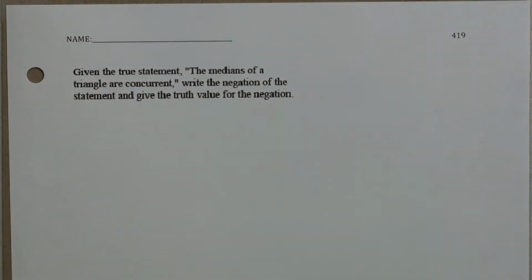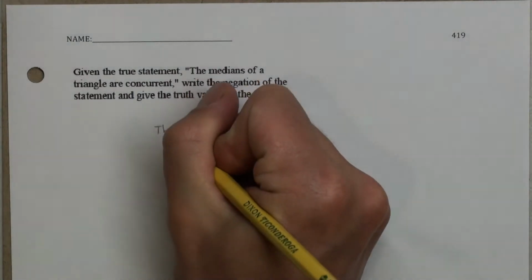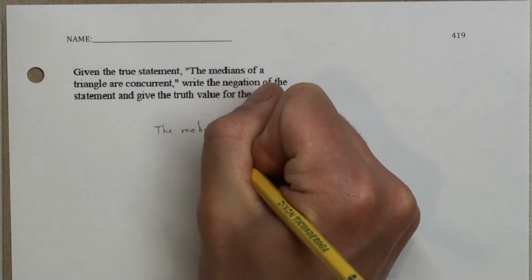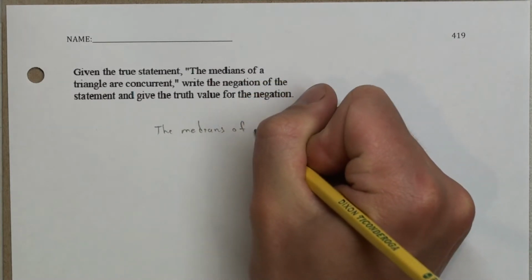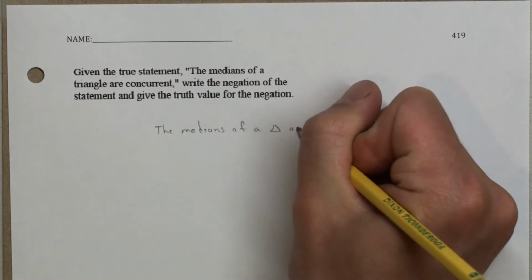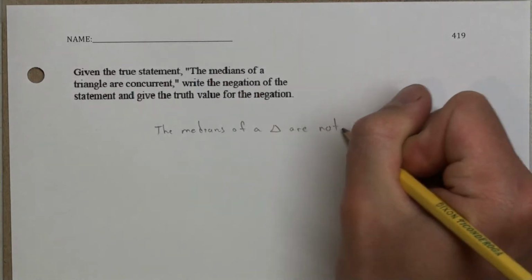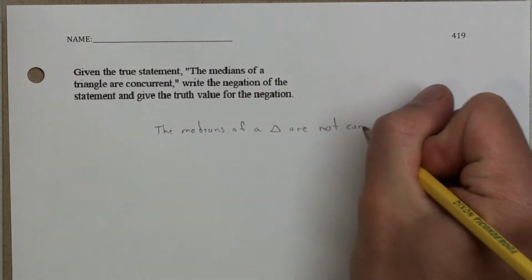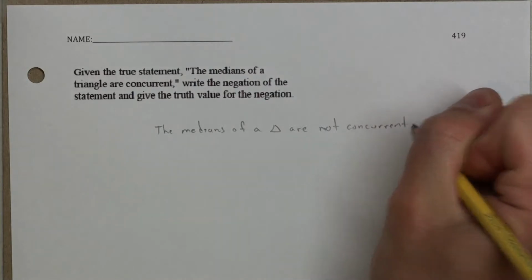So 418 is 2. Given the statement, the medians of a triangle are concurrent. Write the negation of the statement and give the truth value. The medians of a triangle are not concurrent.